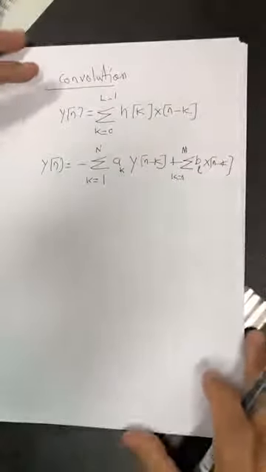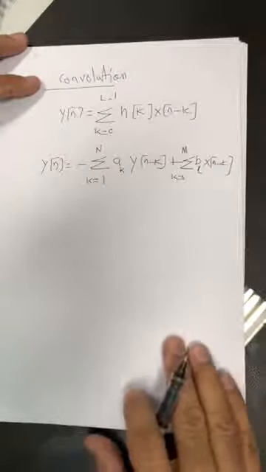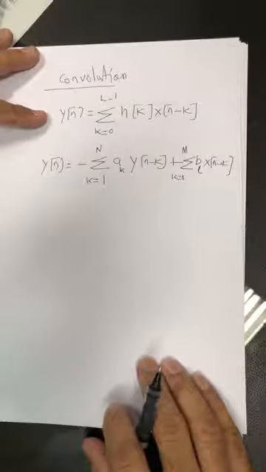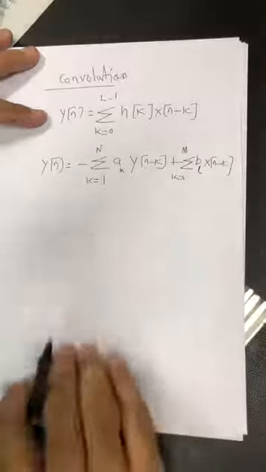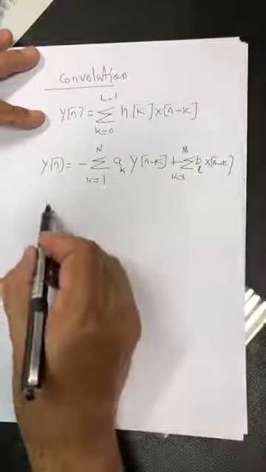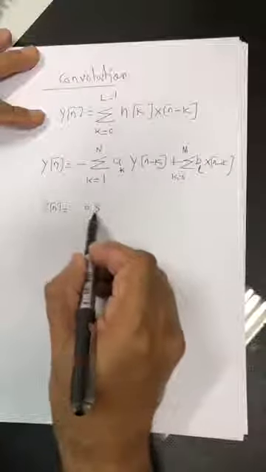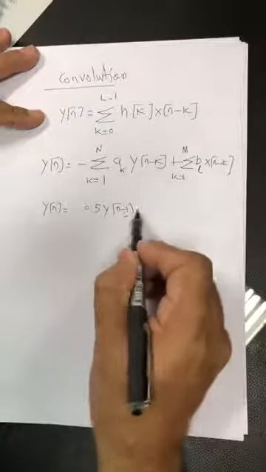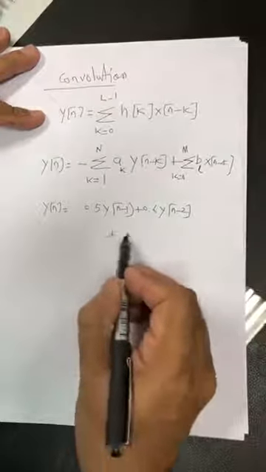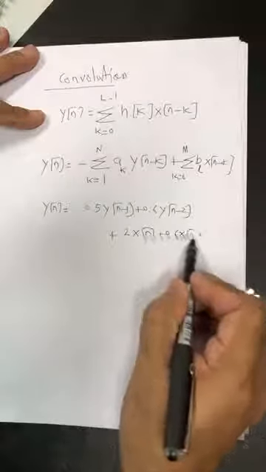Again, if you are a programmer, you can say I can just implement it, so simple, in 5 to 10 minutes. Let's say it's a second order example: y of n is 0.5 y of n minus 1 plus 0.6 y of n minus 2 plus 2 x of n plus 0.6 x of n minus 1.